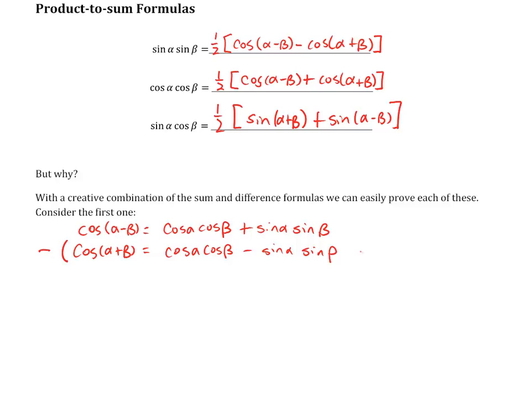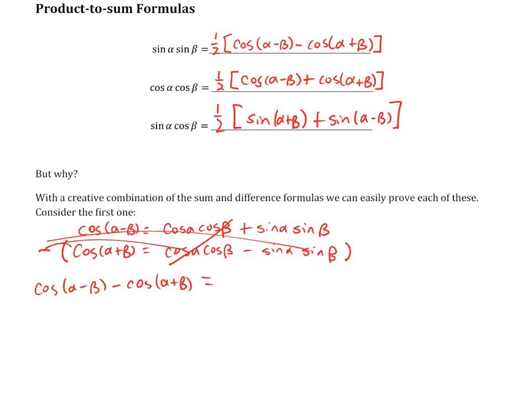If I were to subtract one equation from the other, take the first equation and subtract the next one, the left-hand side becomes cosine of alpha minus beta minus cosine of alpha plus beta. On the right-hand side, if you're subtracting, remember, you're applying a minus sign to all terms. Cosine alpha cosine beta minus cosine alpha cosine beta cancels out.